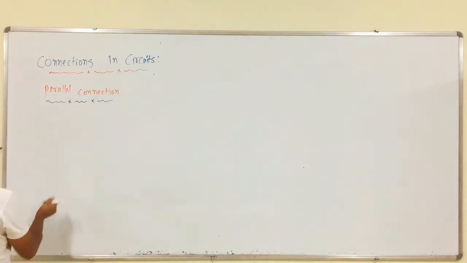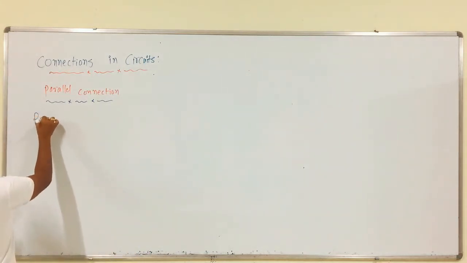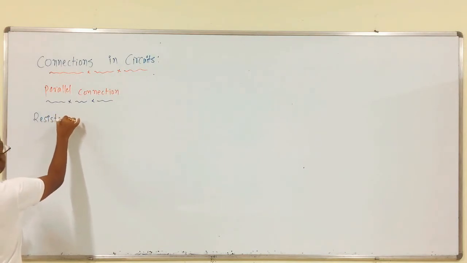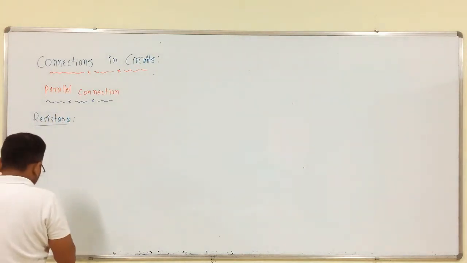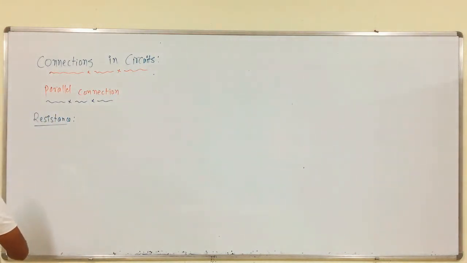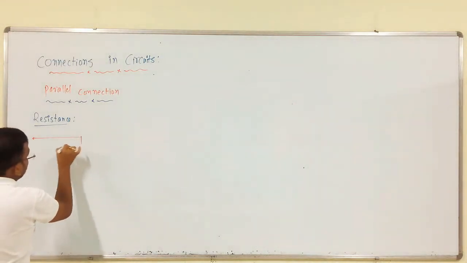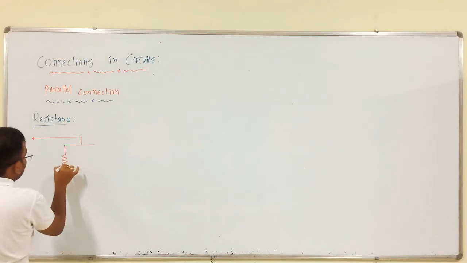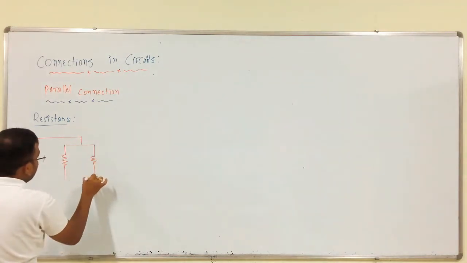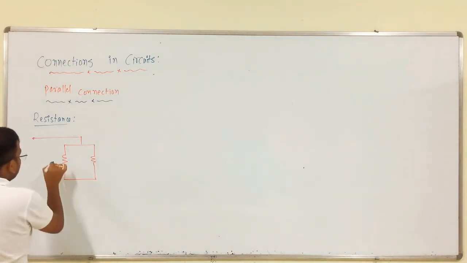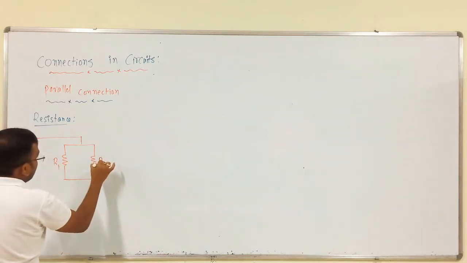The first one is the same, resistance. That is the circuit. Here also I am considering only two branches, R1 and R2.